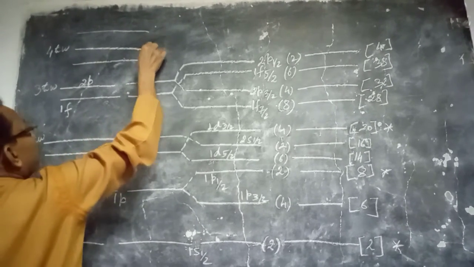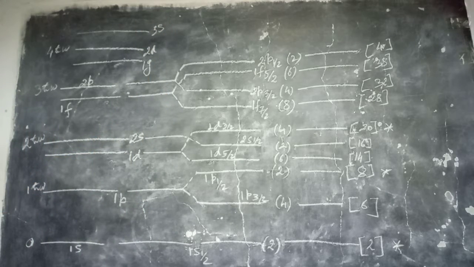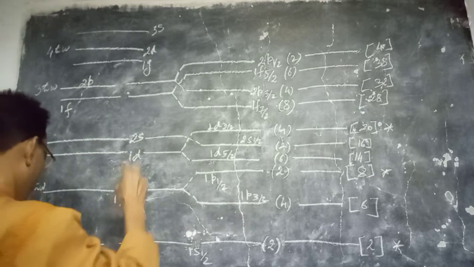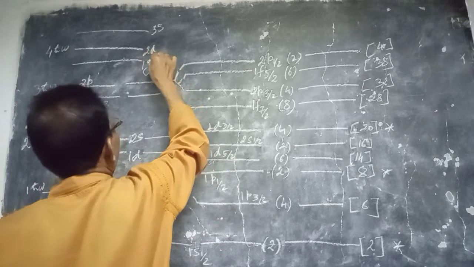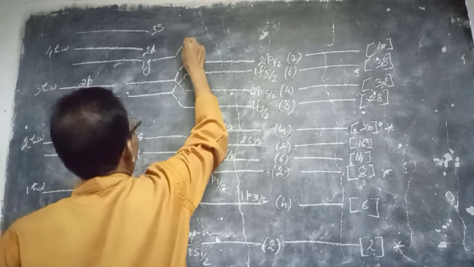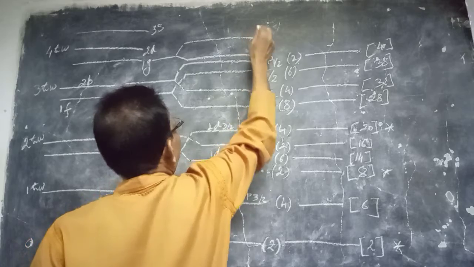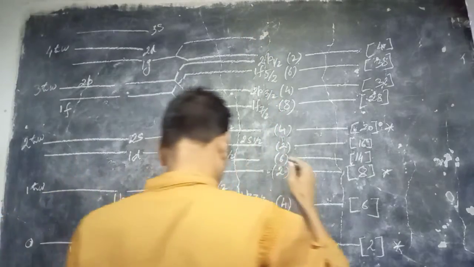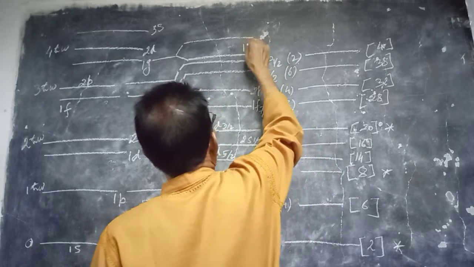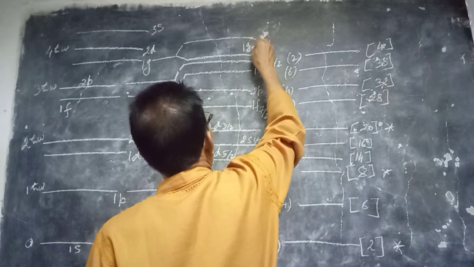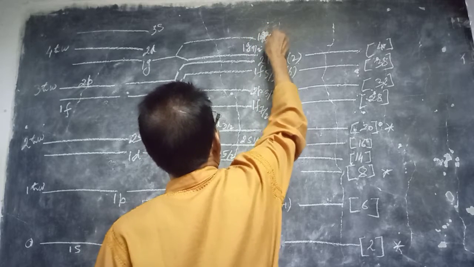Now when the 1g level is split, here you get 1g9/2 and this is 1g7/2.